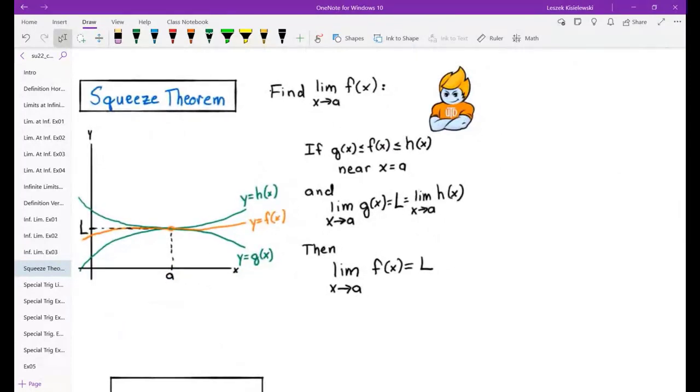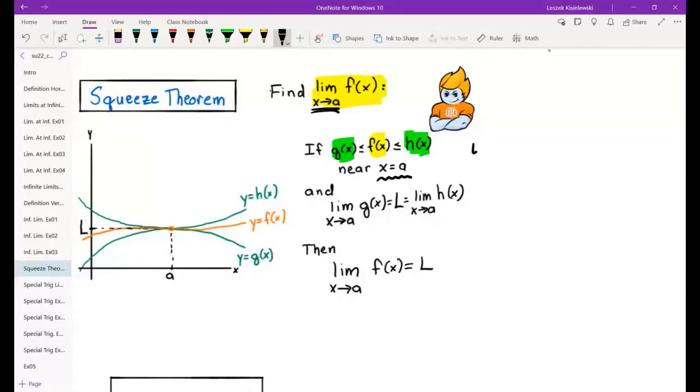So the squeeze theorem, again: you want to determine the limit of some function, our function. So what you do is you take our function and try to find two bounding functions. Here g should be smaller than f and h should be bigger than f near our point, x equals a, because x is approaching a.